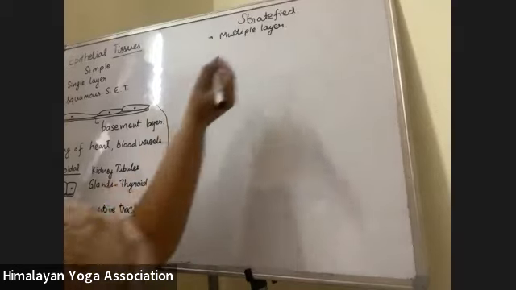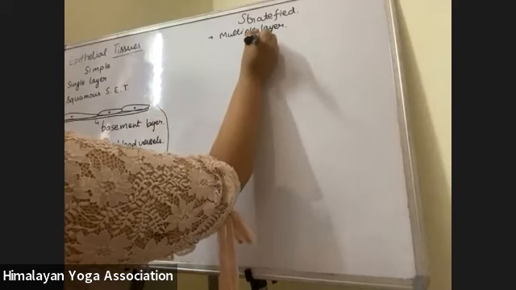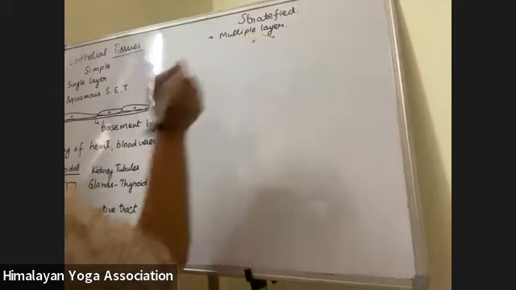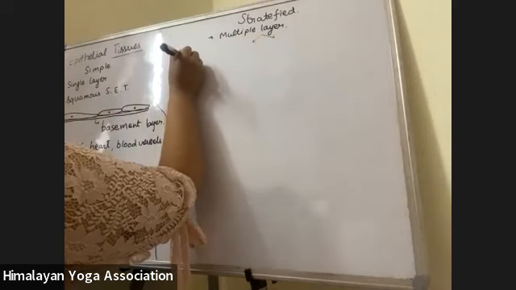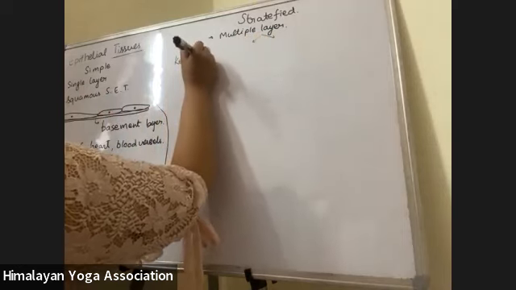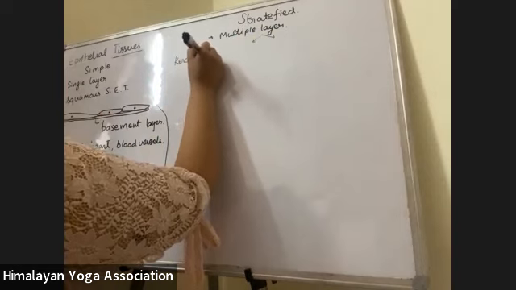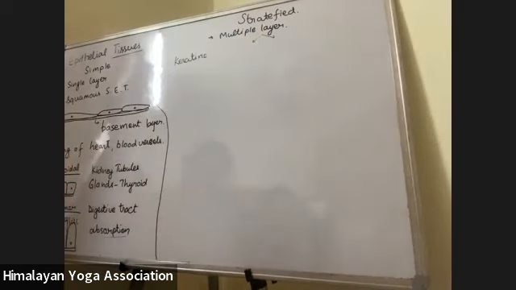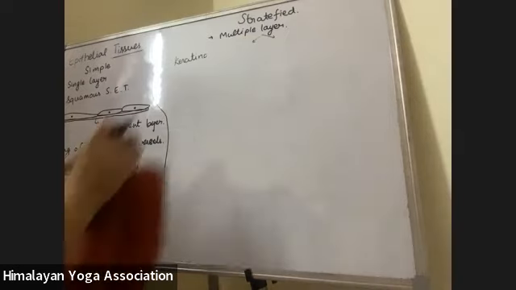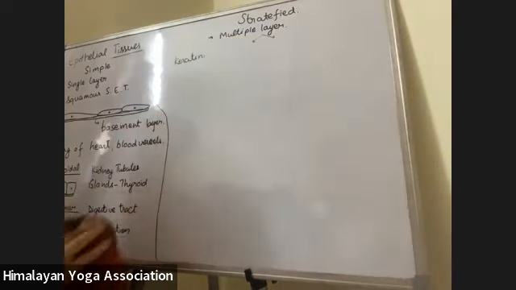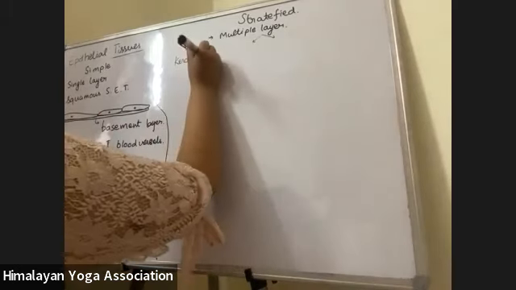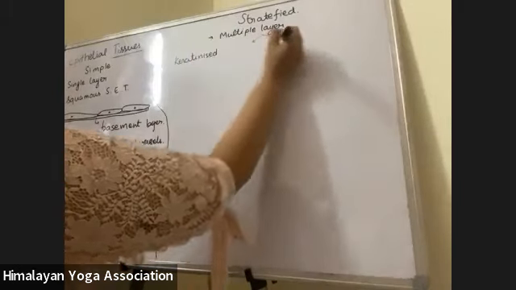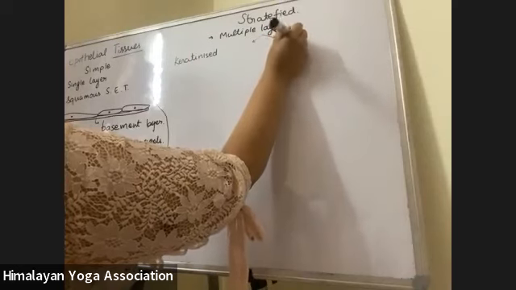First of all, the stratified is divided into two parts: keratinized and non-keratinized.